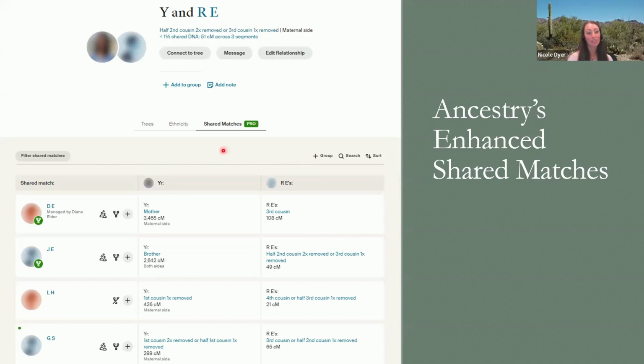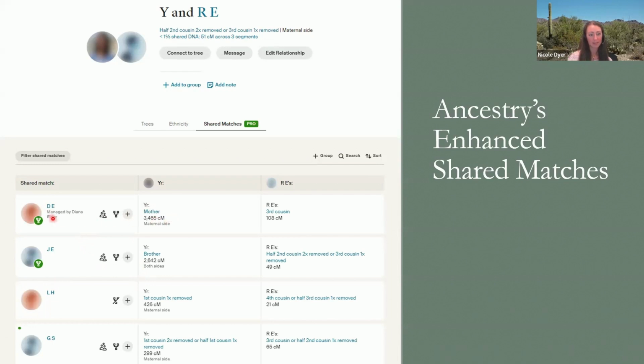So now it's both. Now you can see how much I share with this shared match and how much the match, RE, shares with this shared match. Essentially we have a group of 3 people: myself, RE, and DE, and then myself, RE, and JE. It tells you the amount shared with myself and the relationship.